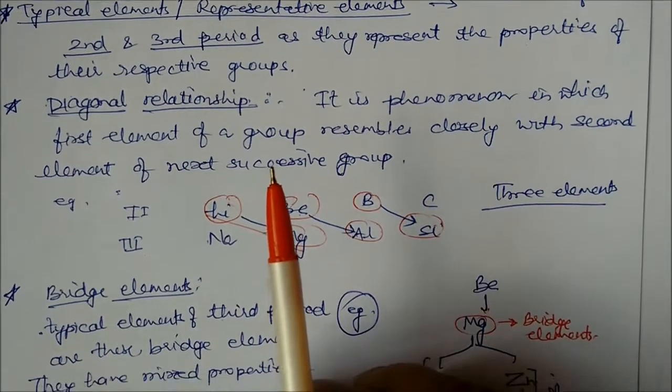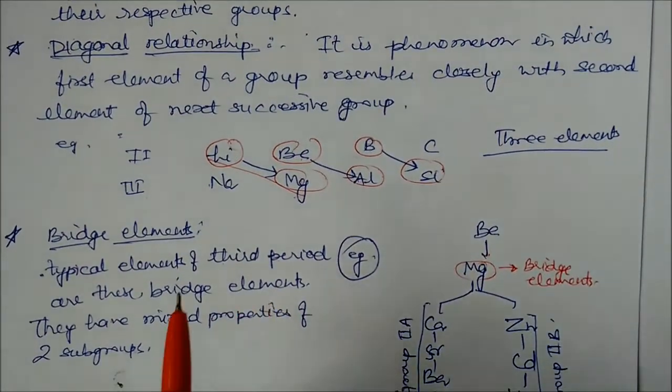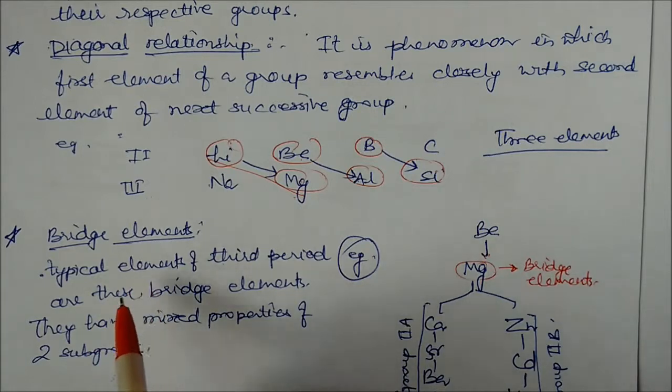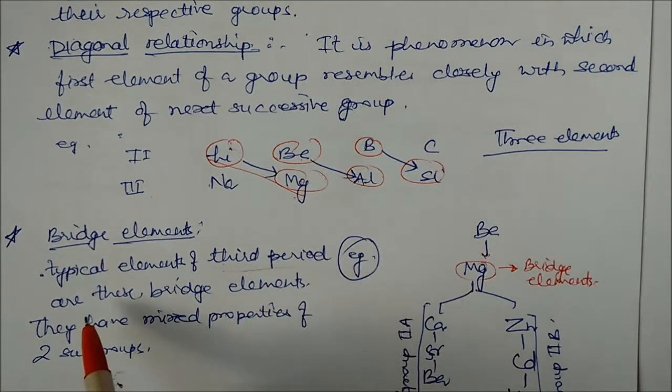Besides, one more element is called a bridge element. Just like a bridge which is connecting two things, here it connects two elements. So these are the typical elements of the third period, and one is acting as a bridge between them. They have mixed properties of two subgroups.